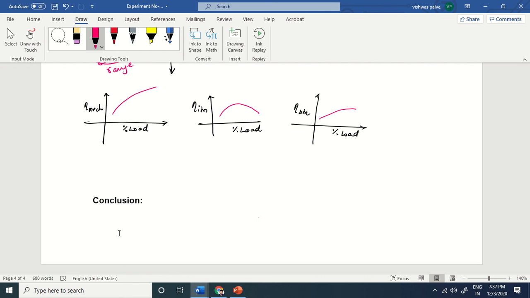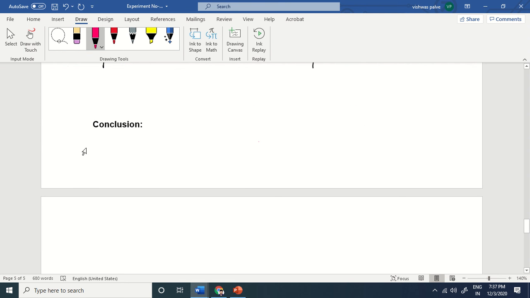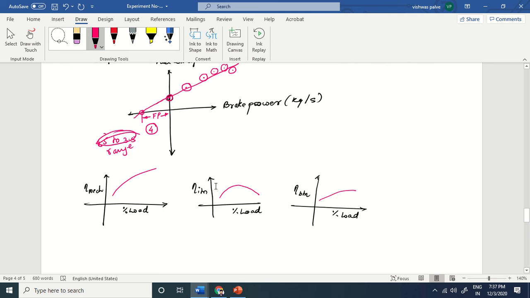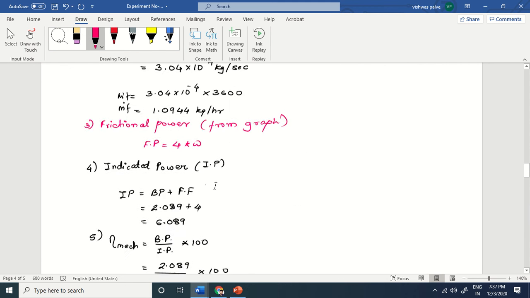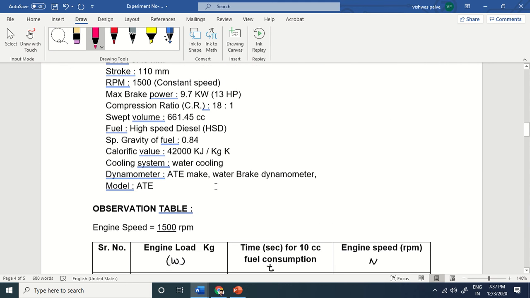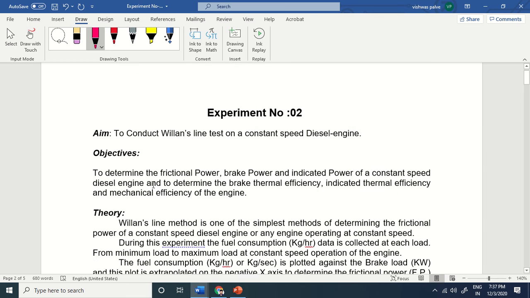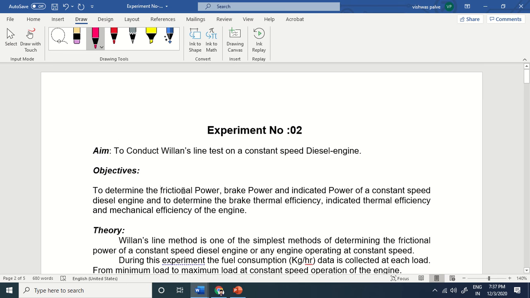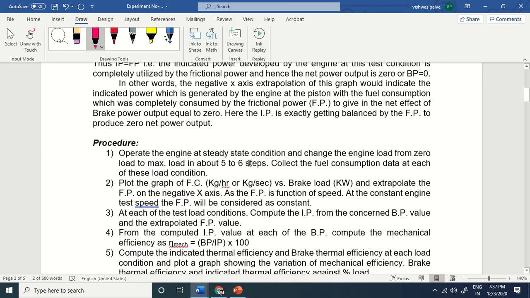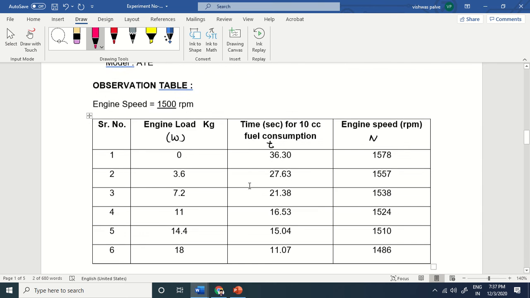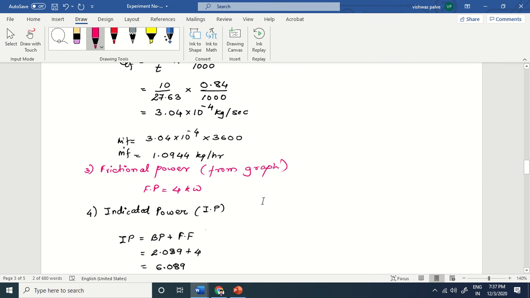After this you have to write down the conclusion. This part you have to complete by yourself. With the help of this we can complete our second experiment, that is the Willans line test, to calculate the frictional power. Our aim is to calculate frictional power, brake power, and the indicated power and efficiencies. Thank you.